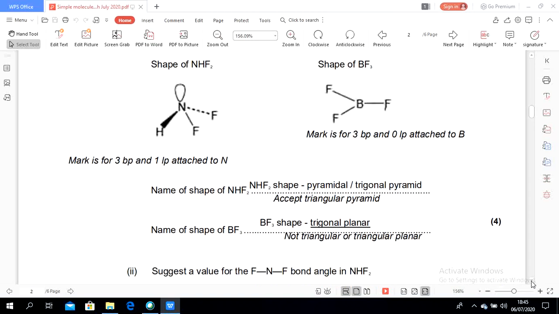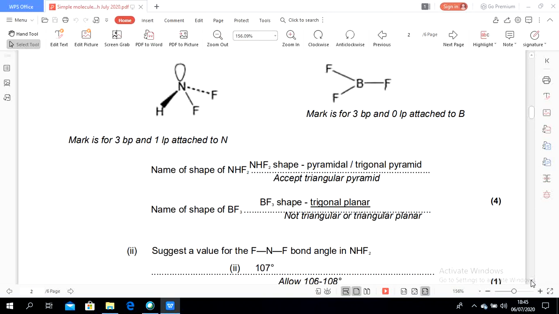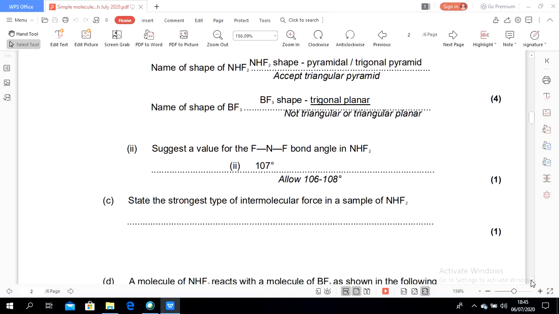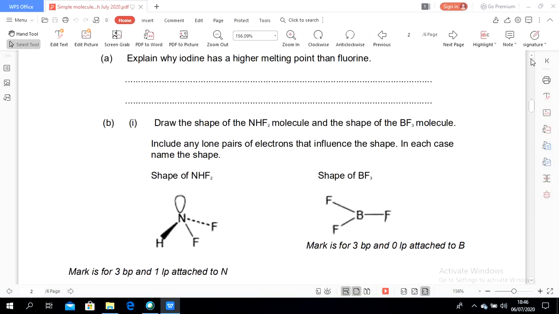Okay, and then the shape of NHF2, with 3 bond pairs and 1 lone pair, is trigonal pyramidal. And then for 3 bond pairs without any lone pair, it is trigonal planar with an angle of 120 degrees. And then suggest the value for the angle F-N-F in NHF2.